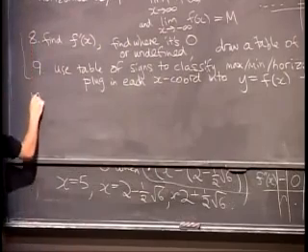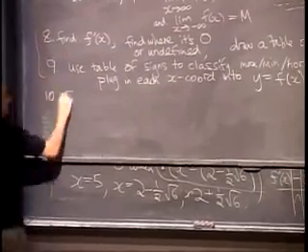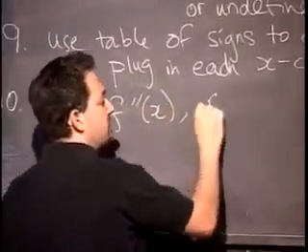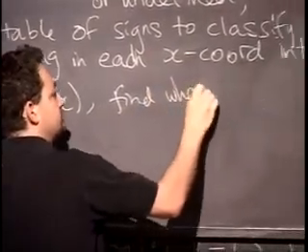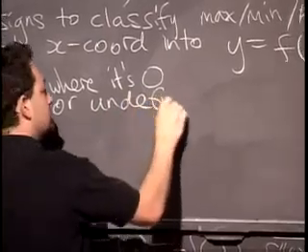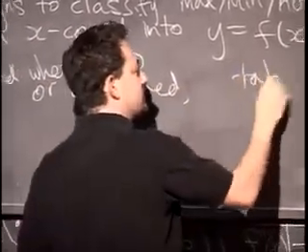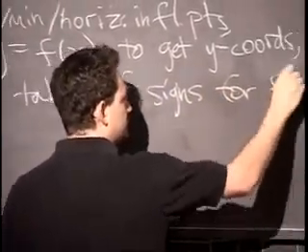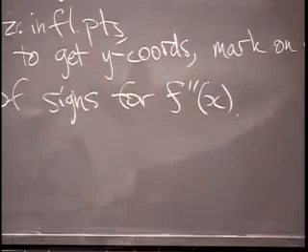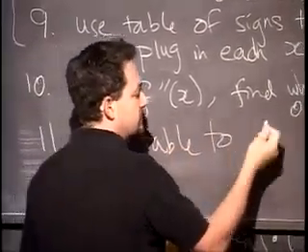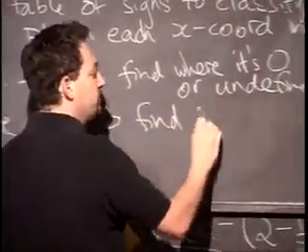Steps 10 and 11 are similarly paired, but they involve the second derivative. So find the second derivative. Find where it's 0 or undefined. And table of signs for the second derivative. Then step 11 is the companion step. Use the table to find the inflection points.